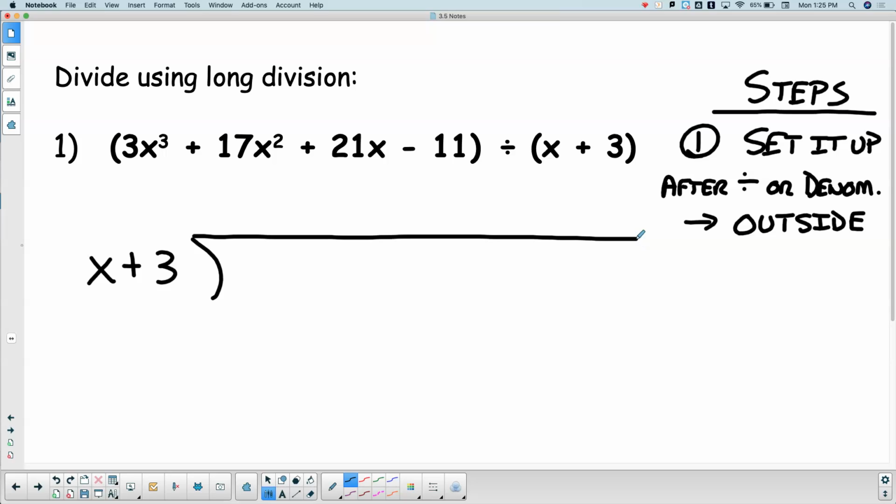If it's before, or the numerator, that's going to go inside.